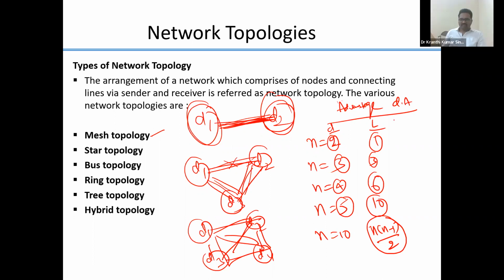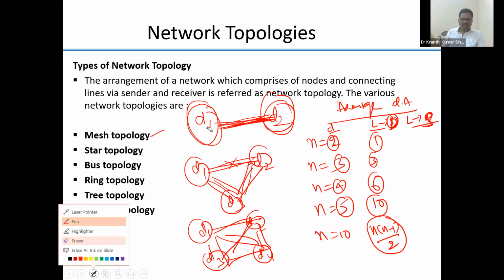45 connections. But if the link is duplex, and what if the link is simplex? This point is very important, listen carefully.